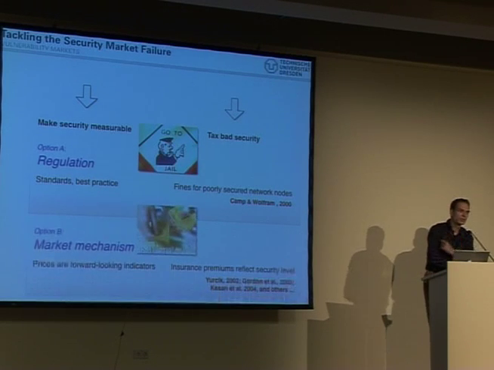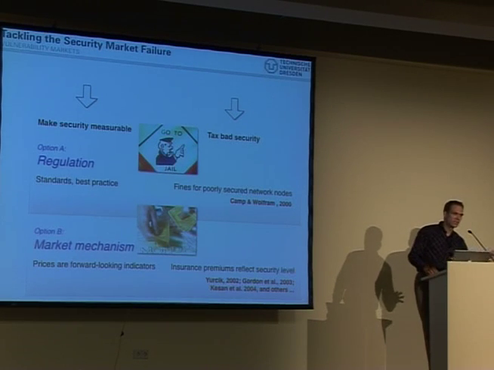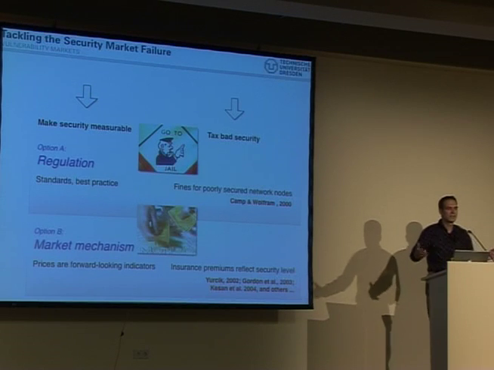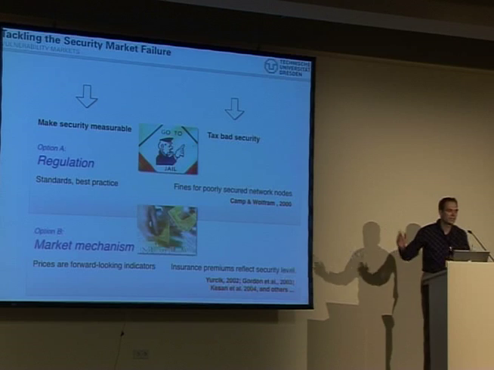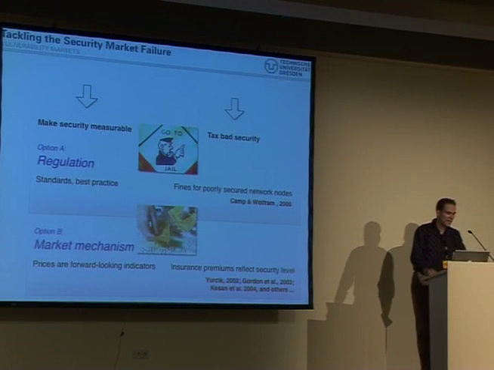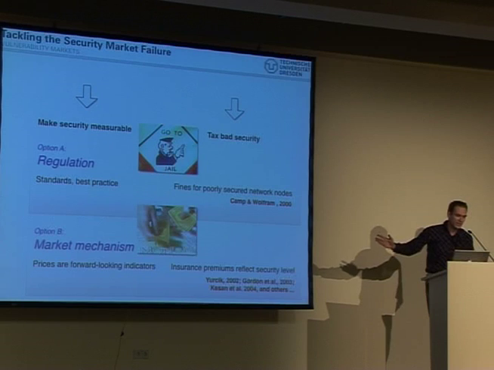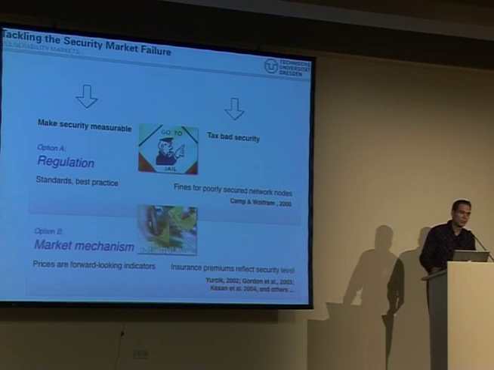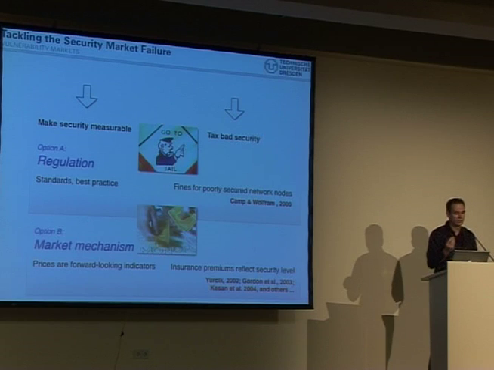So the second option would be to let the market regulate the problem itself. So create new market mechanisms that basically cure the problems in the existing market. It sounds like fighting fire with fire, but actually there is some sense behind it. And the answer from the market mechanism point is, to make security measurable, we can use the market prices as forward-looking indicators.